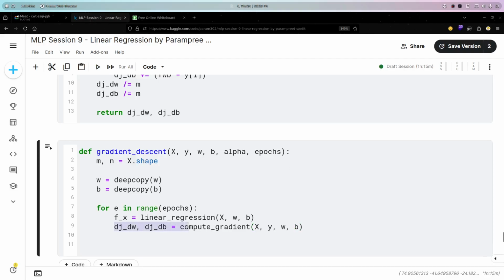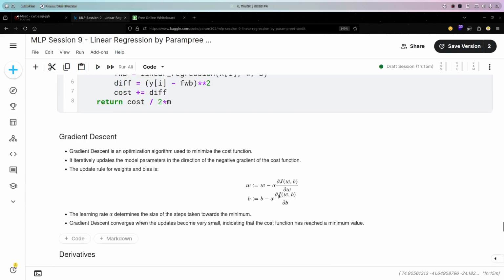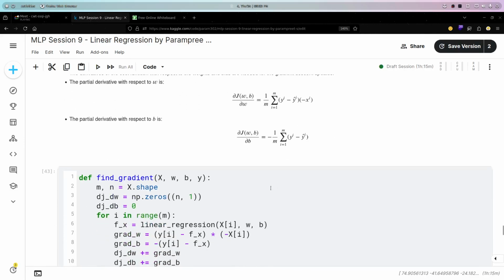So right now we have called two functions, basically combined two things, and now we have one thing left, which is the updation step, basically subtracting the gradient from the actual w value with the alpha parameter.